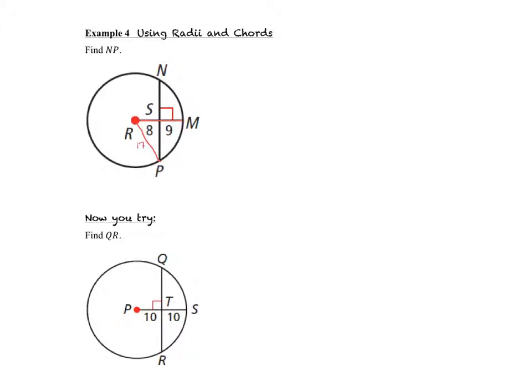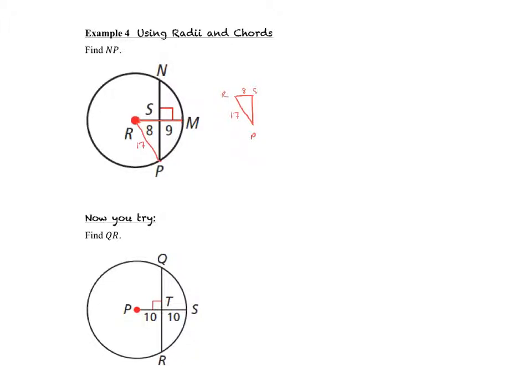So this RP is 17. So if I just redraw that right triangle for you, we know this is RSP. This little piece is 8, and the radius had to be 17, just like the original radius RM was 17.